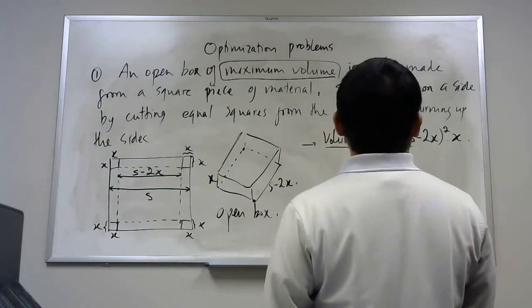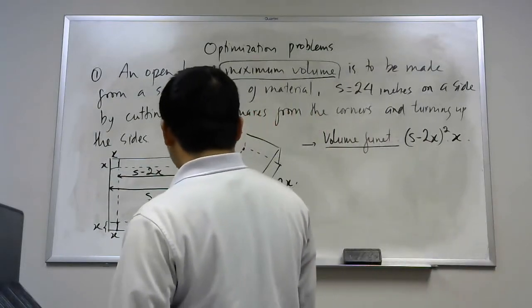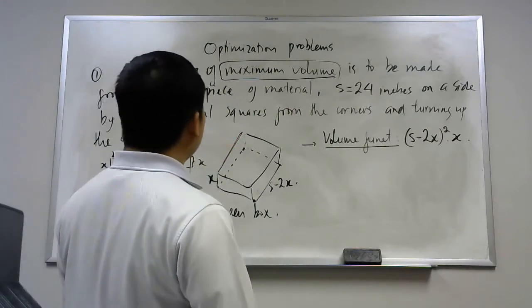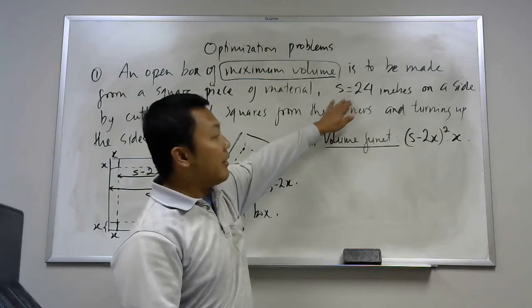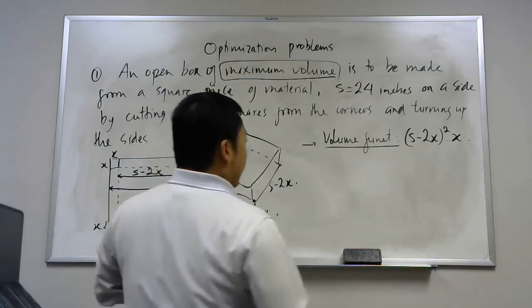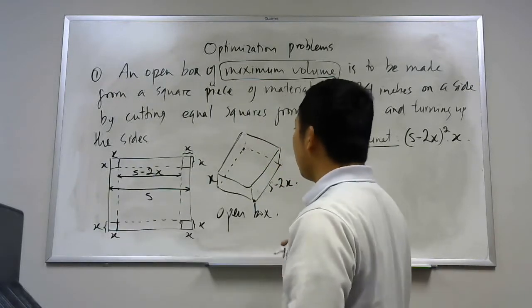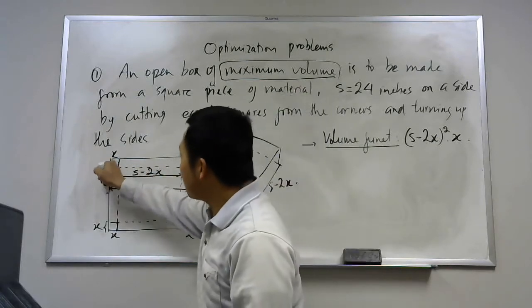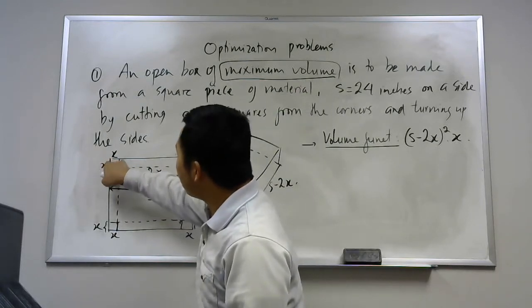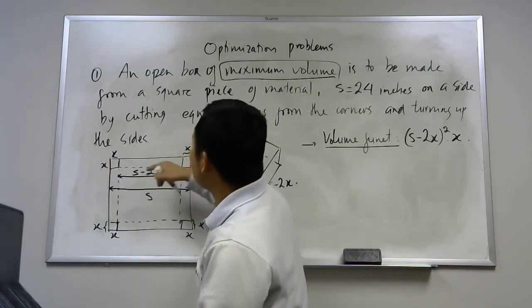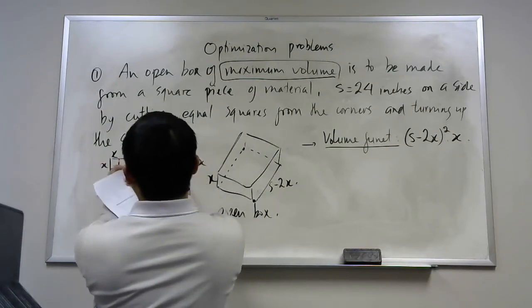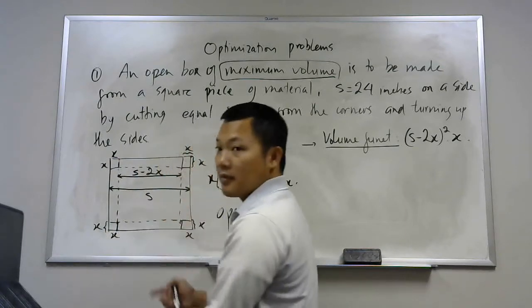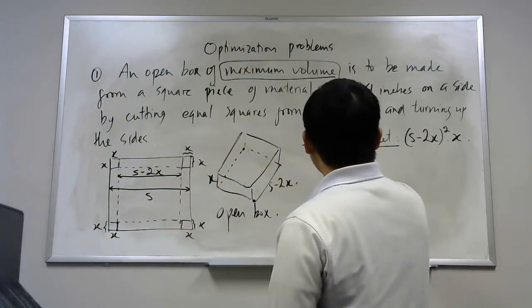Here, we still have an assumption. Yes, this is the only assumption we have. The constraint in this problem is, since x is the distance, the side of each corner in here, if you add x and x in here, you have 2x. 2x is always less than or equal to s. So that is our constraint.